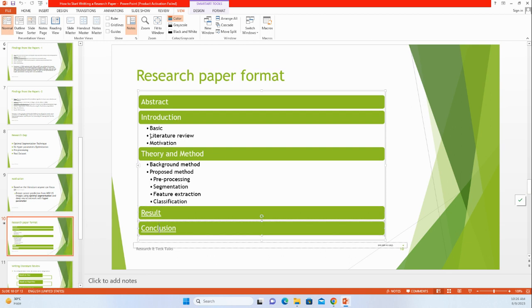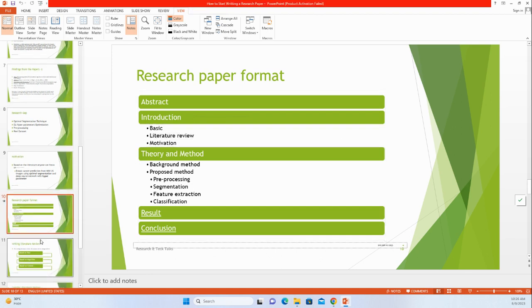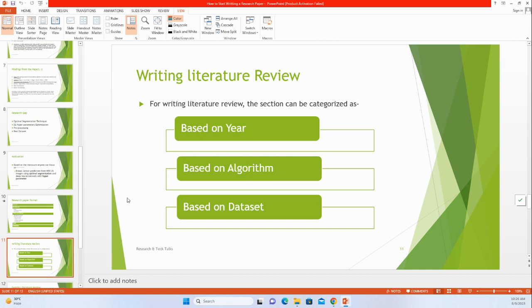Now I'll show you how to write a literature review section. This is important because most people make a mistake. So how can you gather the literature? There are 15 or 20 papers. How can you categorize them? You can categorize either based on year, based on algorithm, or based on datasets.